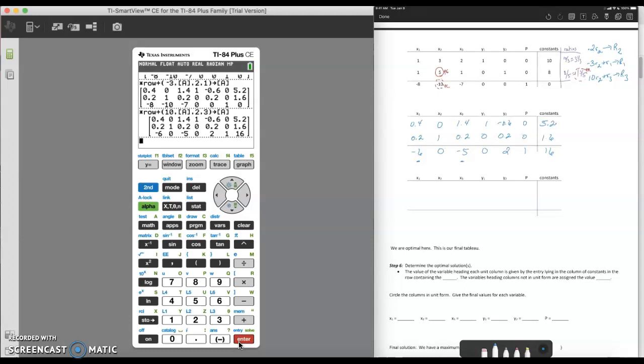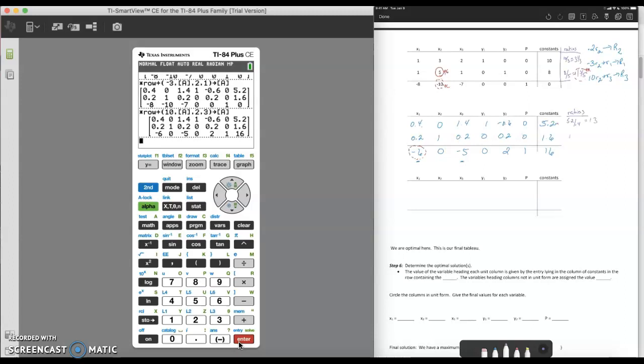What is our pivot column? Well, that's going to be our most negative entry. That would be our -6. Then we need to look at our ratios in order to figure out our pivot row. So if we take this 5.2 divided by the 0.4 here, that actually gives us 13.